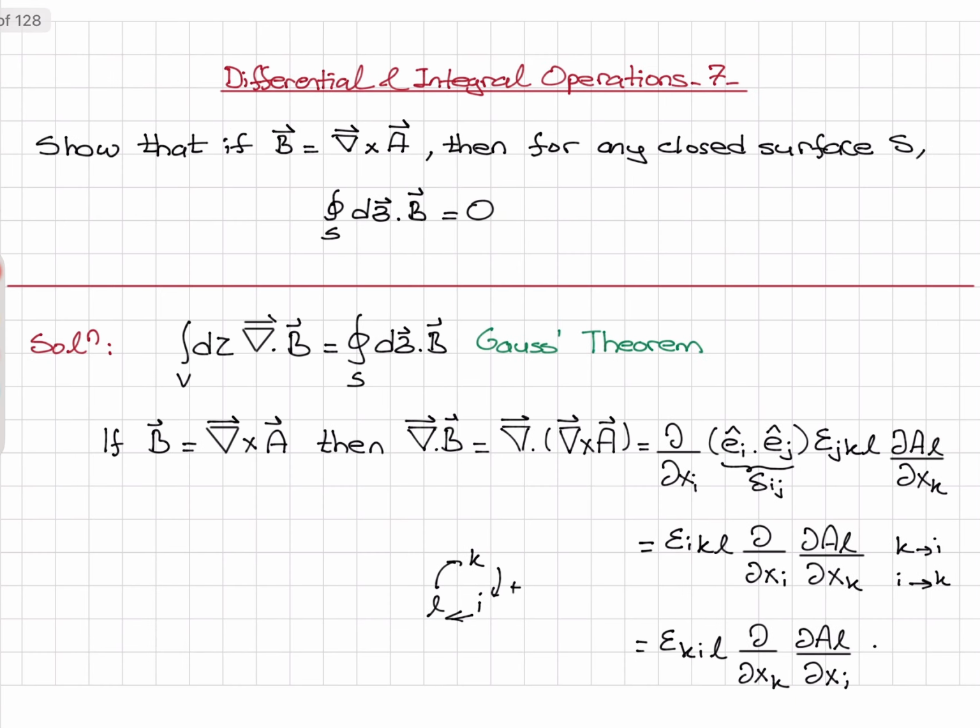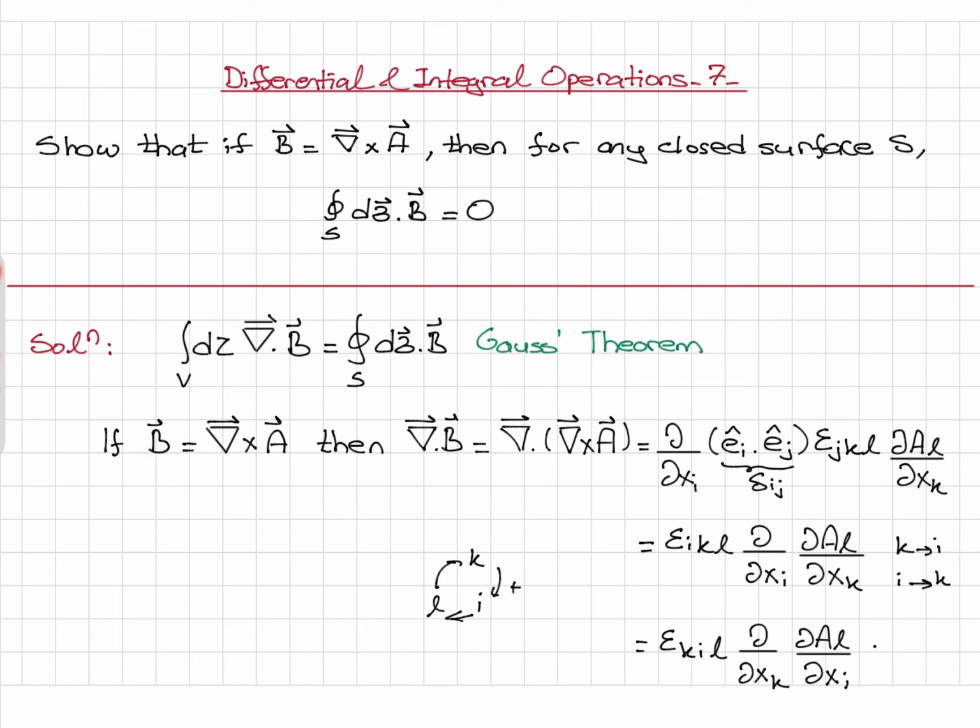Okay, so we're given that a vector B can be written as the curl of another vector. Then for any closed surface S, the closed surface integral d sigma dot B must be 0. We have to show this. The closed surface integral d sigma dot B is equal to the closed volume integral, the integral d tau divergence of B. This is Gauss theorem.